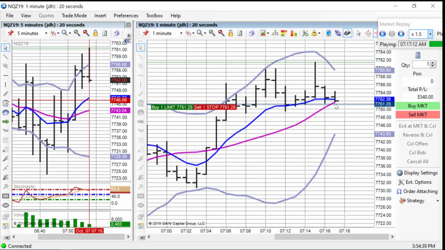So all those signals happening at once tell me that a short trade is a good idea here.